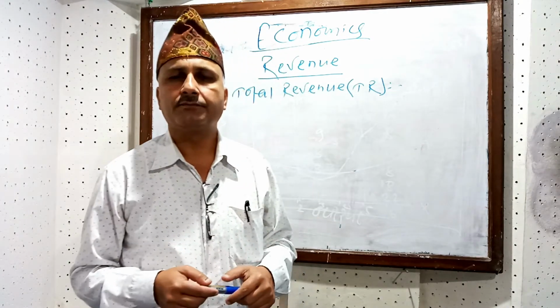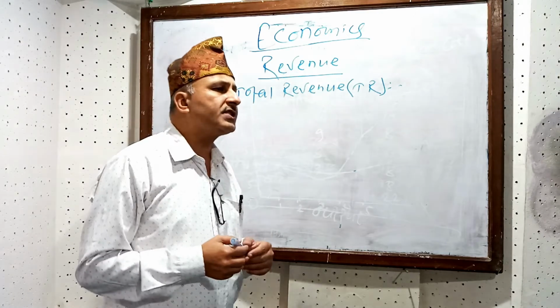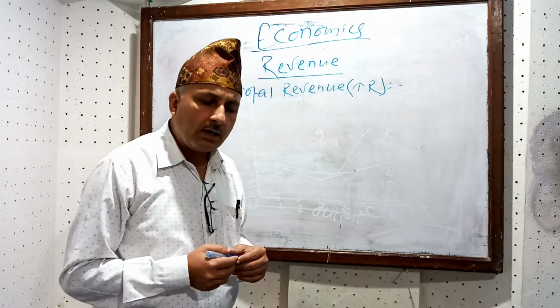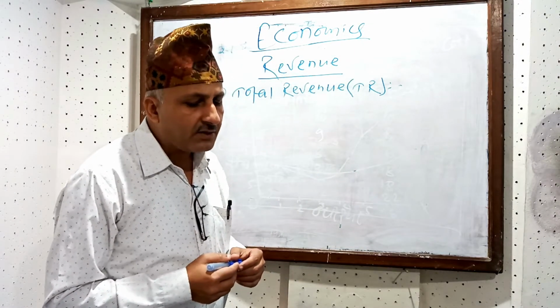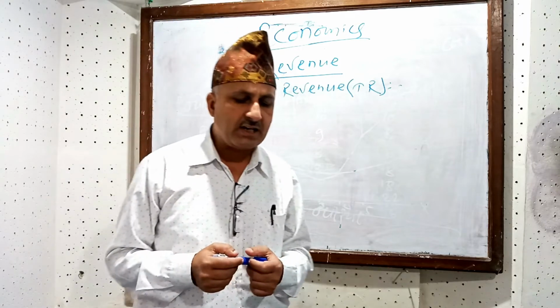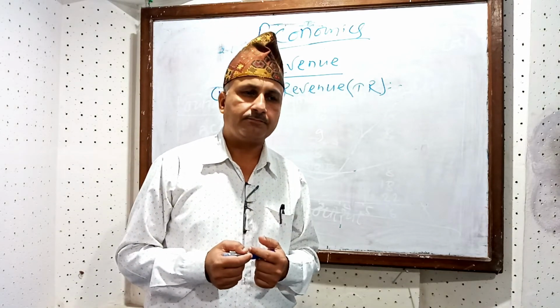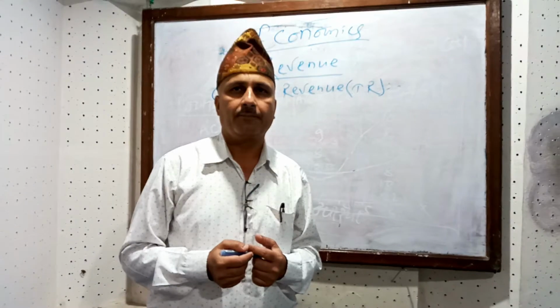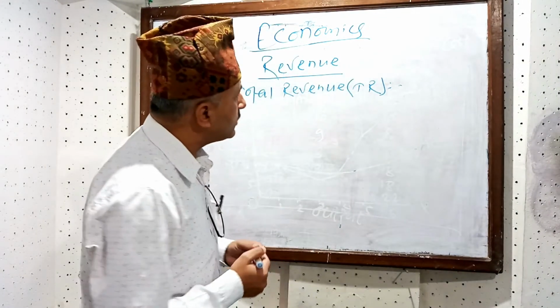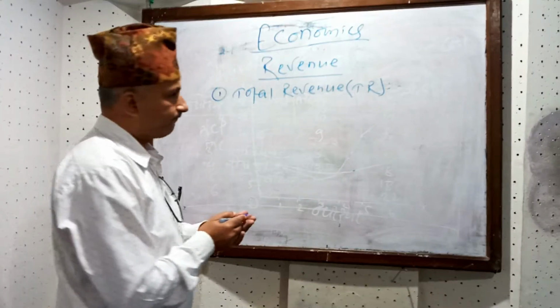Again, I am going to repeat. Total revenue is the total money that a firm receives from the sale of its product. I think it is clear. Now, to calculate total revenue, we have got a formula.